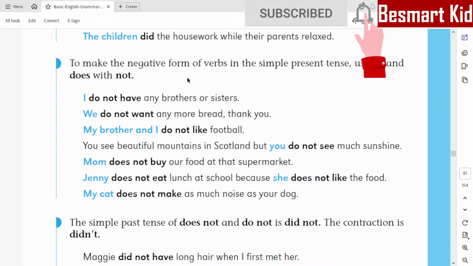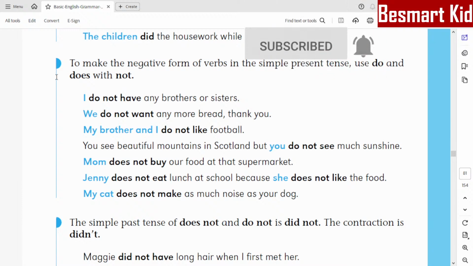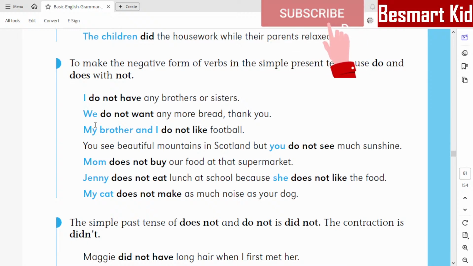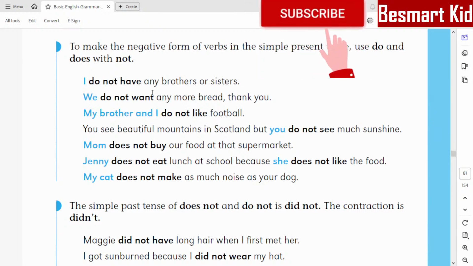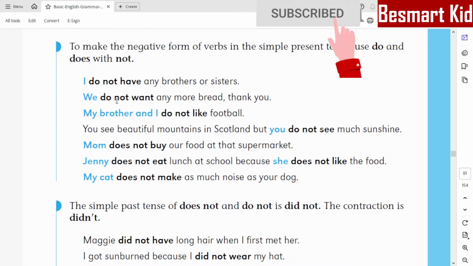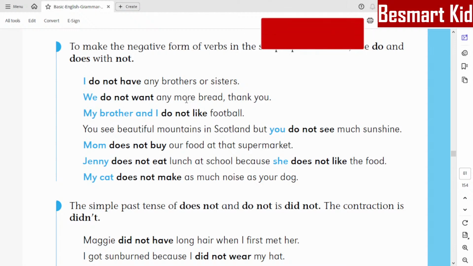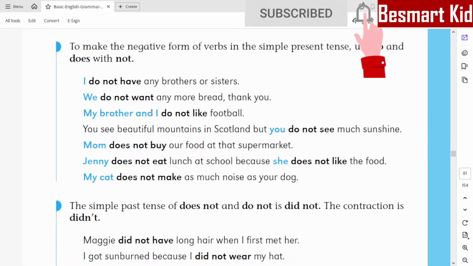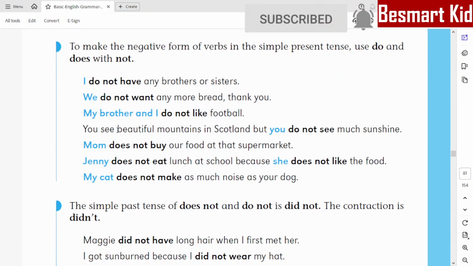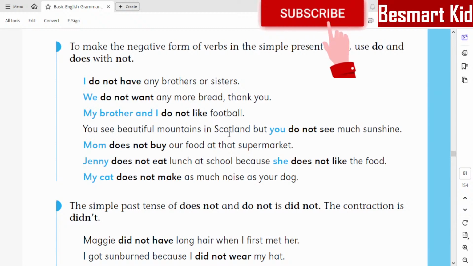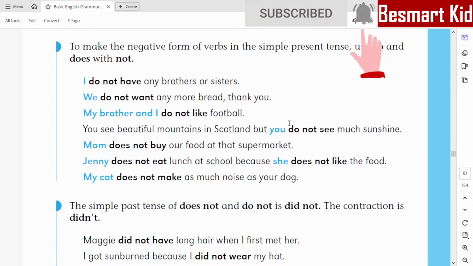Make the negative form of the verbs, simple present, using do not and does not. I don't have any brothers or sisters. My brother and I don't like food.